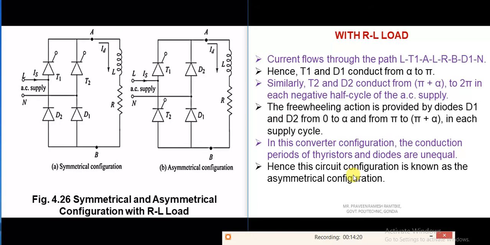Hence, this circuit is known as asymmetrical configuration. It means the conductions of the SCRs and the diodes are different. They have different time periods and hence the configuration is called asymmetrical.